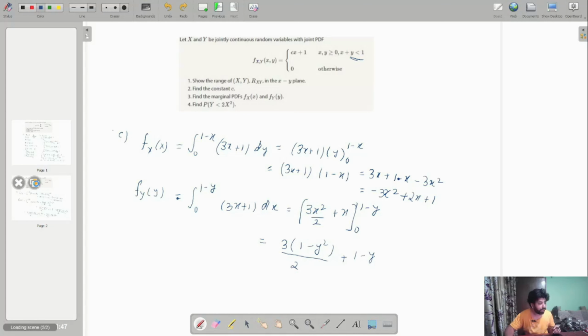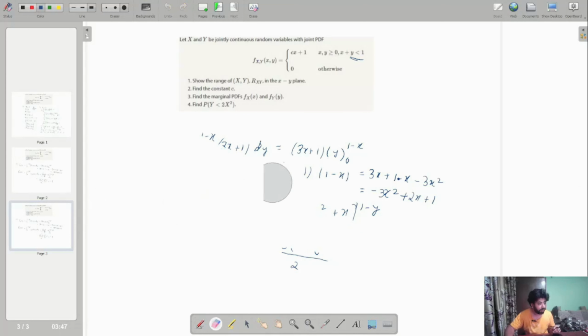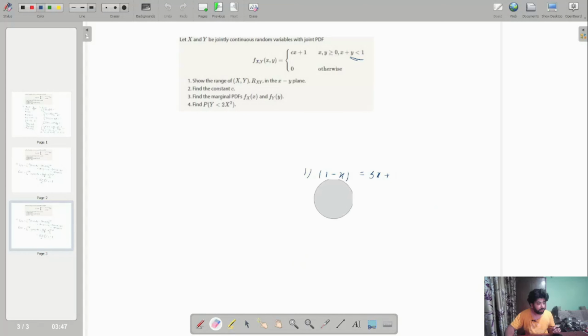Let's move to the next part. In the next part, we have been given that we have to find P of y less than 2x square. In order to solve this, we have to split the range, because I know that x can vary from 1 to minus y.